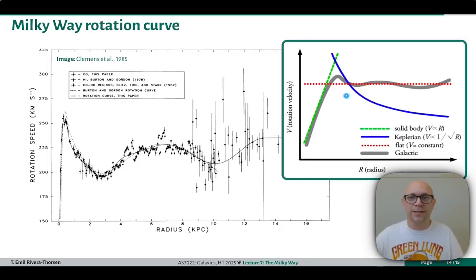And as you can see, this flat contribution becomes more and more accurate as we get further and further out. And the Milky Way's mass indeed does get more and more dominated by dark matter contributions. And what you see here in gray is, of course, a slightly prettier version of the measured curve for the Milky Way.